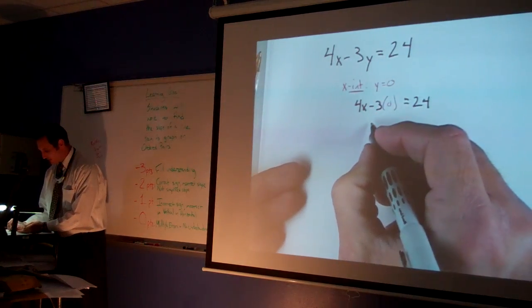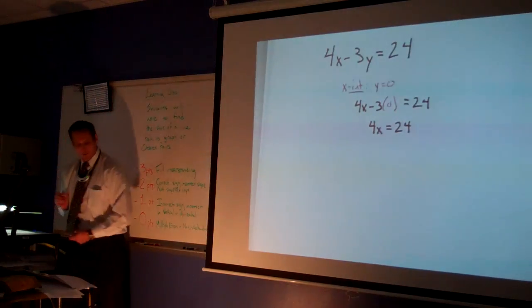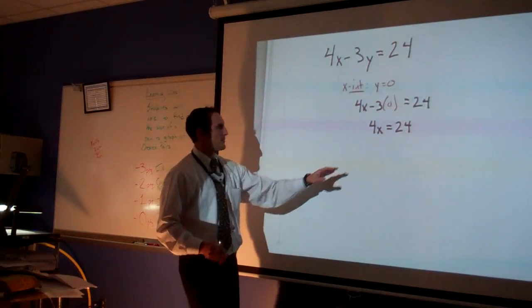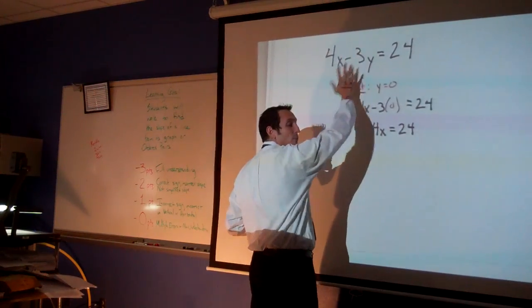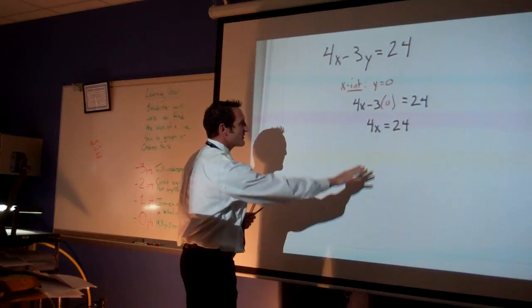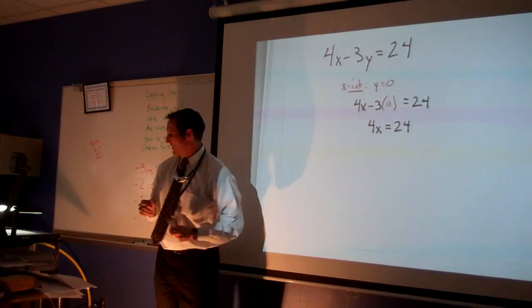That leaves us simply with 4x equals 24. So what has happened is that when we substitute 0 for y, this whole term gets completely covered up. We can cover up that term, and it leaves us with just 4x equals 24.